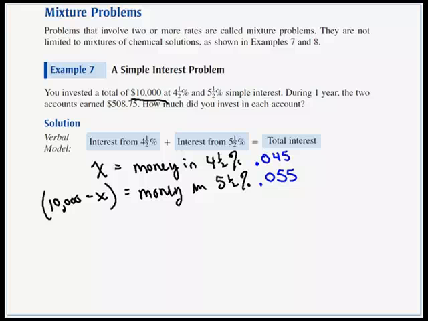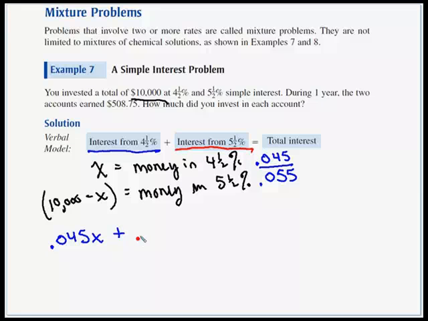Let's see what we have here. Interest in the 4.5% account. Well, that's going to be our percentage, 0.045, times x, the amount of money we put in it. So I'll underline that here in blue. That is our amount of money in the 4.5% account, 0.045 times x. Plus, we put the rest of the money in the 5.5% account.